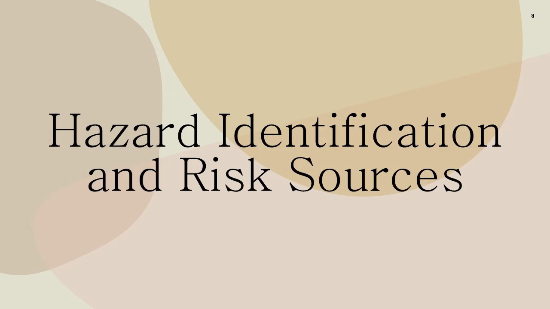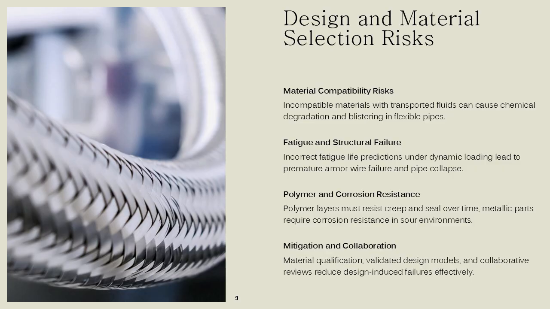Hazard identification and risk sources, design and material selection risks, installation and operational risks. Design and material selection are critical determinants of flexible pipe integrity. Risks arise when materials are incompatible with transported fluids, leading to chemical degradation or blistering. Incorrect predictions of fatigue life under dynamic loading can result in premature armor wire failure.